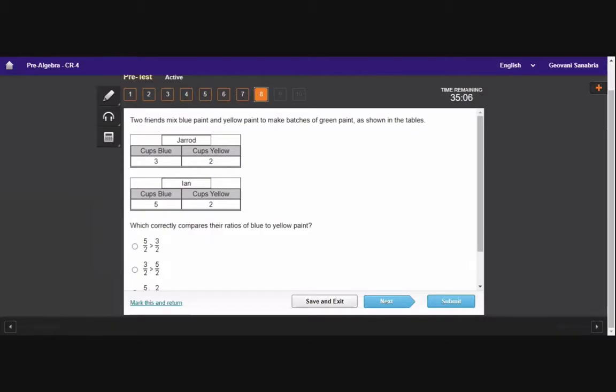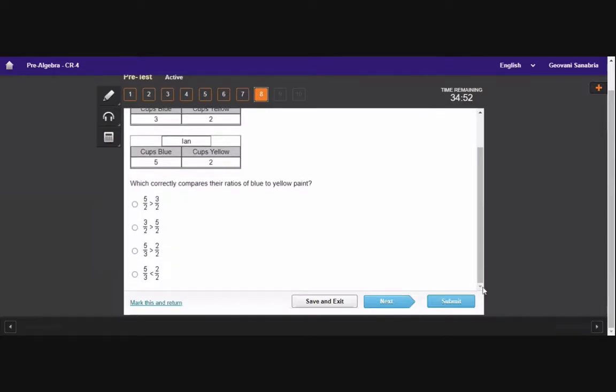Which correctly compares their ratios, blue to yellow? So yellow should be on the bottom, so the 2 should be on the bottom, and it is for all of them. So it'd be the same exact thing. So it'd be A, right? 5 is bigger than 3. Yeah, looks good.